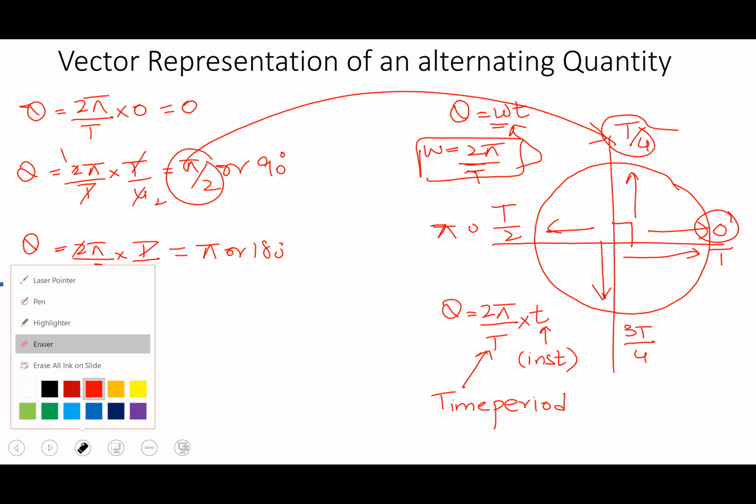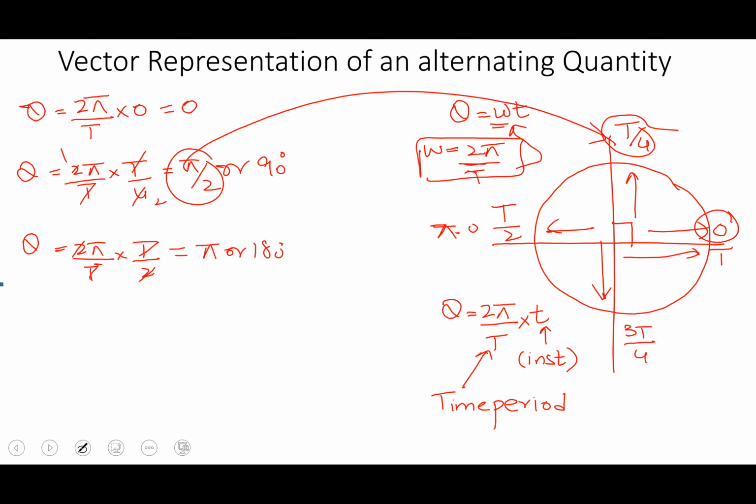Or we can say it is equal to 180 degrees. If we continue, it is 2 pi divided by T multiplied by 3T by 4. T and T cancel, 2 ones are 2, 2 twos are 4. So the answer will be 3 pi by 2, or 270 degrees.